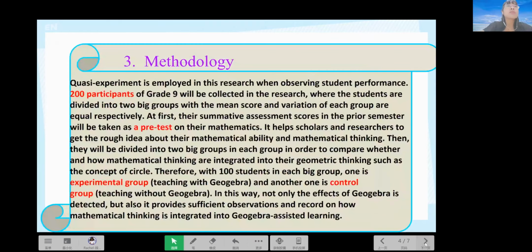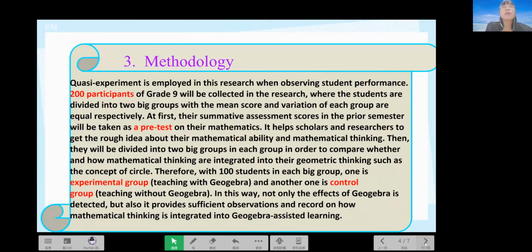In this research, a quasi-experiment is employed when observing students' performance. The total population would be all the students in grade 9, and the sample is 200 participants of the grade 9 in this research.